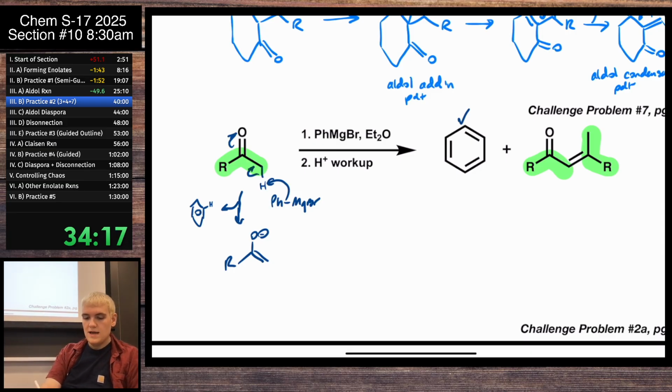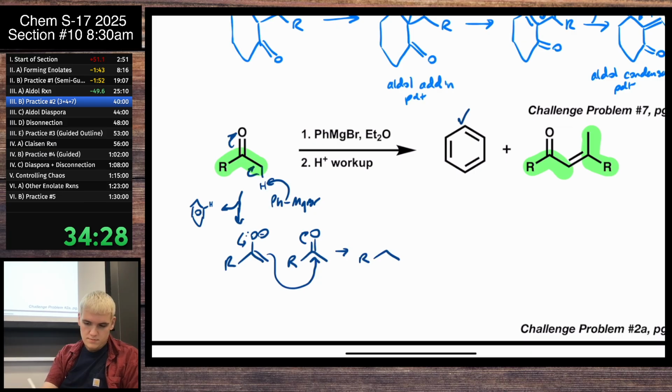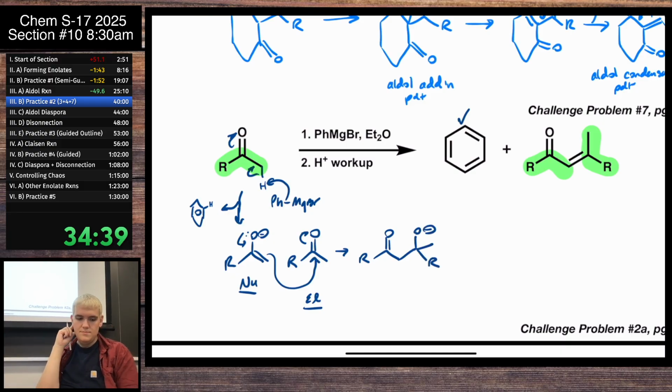But now we are going to have another equivalent come along, and we are going to do an attack. So one equivalent is a nucleophile, one equivalent is an electrophile. And now here's the weird part.